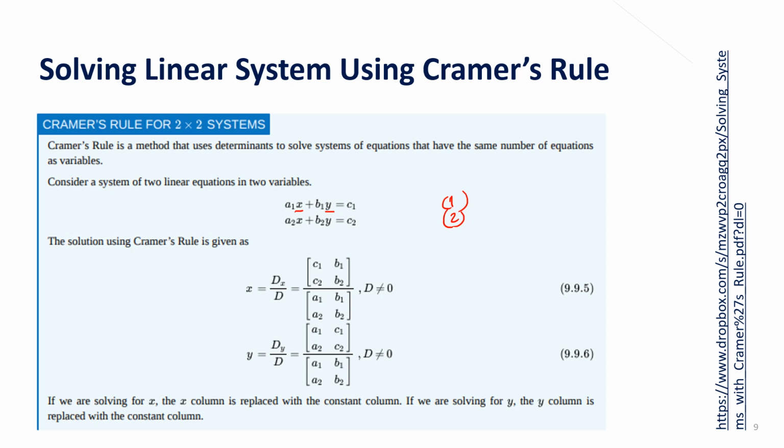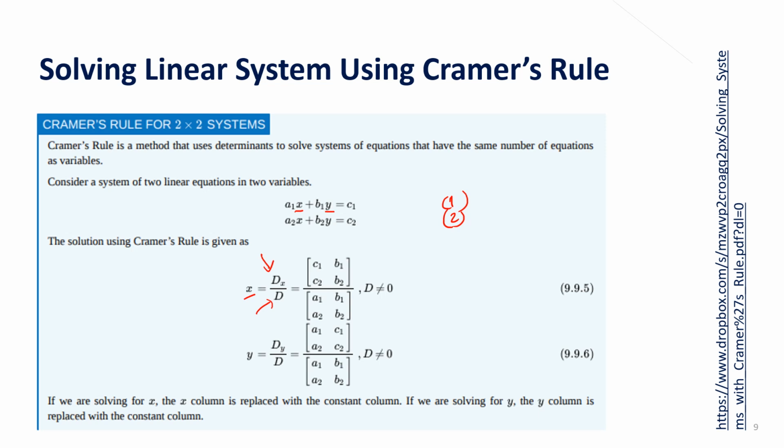So let's say here we want to try to find x and y. Cramer's rule is given by this particular formula. For example, if you want to find variable x, you can calculate it by calculating the determinant of x and the determinant of D. Now, you already learned about determinants earlier.